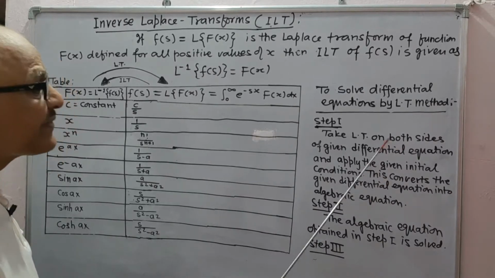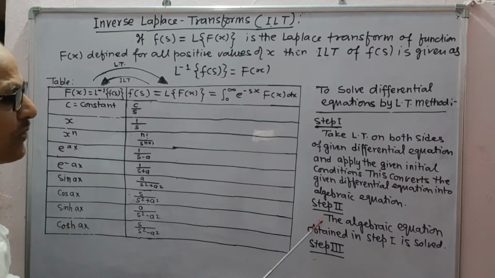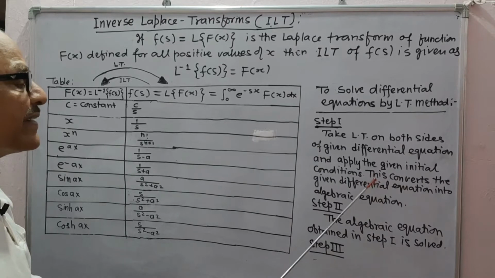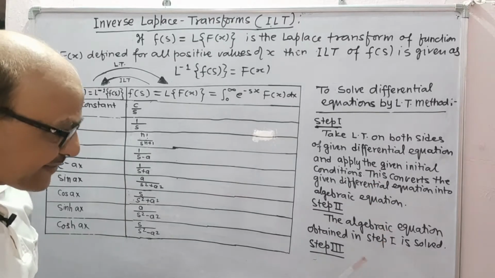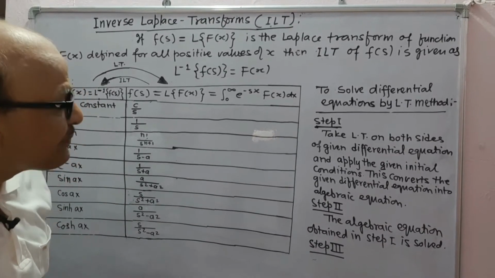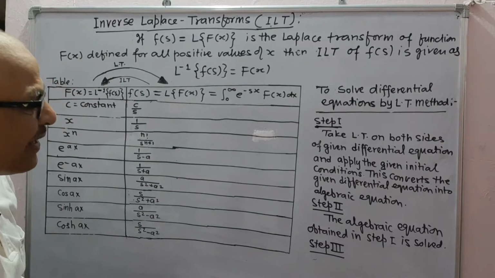This step converts the given differential equation into algebraic equation. In step 2, the algebraic equation obtained in step 1 is solved. And in step 3, the inverse Laplace transform is taken.